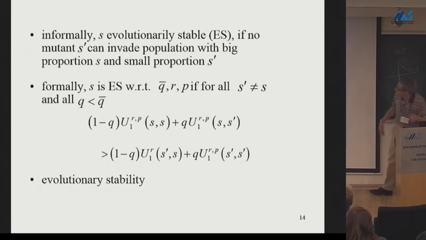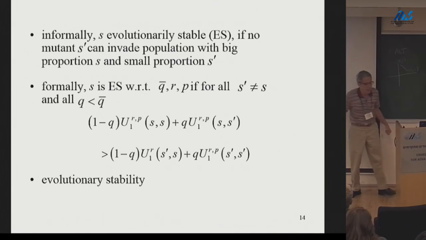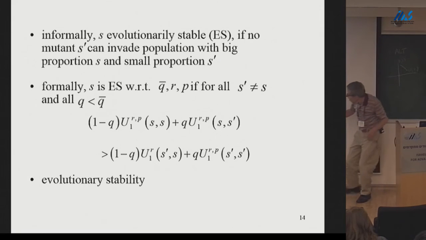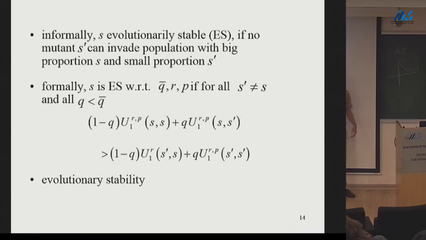Now the way I've expressed evolutionary stability is as a static concept. That is, I haven't explicitly shown you the dynamical process for which S is a steady state or a persistent strategy.